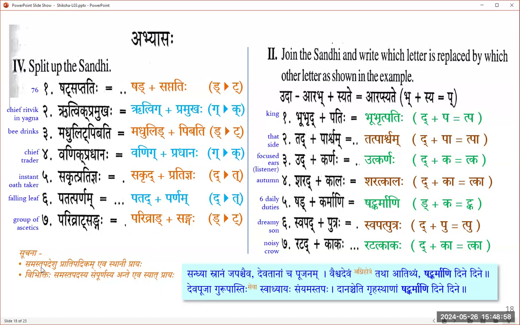Suchana. Samastapadeshu pratipadikam eva sthani prayah. So in the samastapada, pratipadikam, whatever it is, this etad, sakrid, vanig, these are all pratipadikas. The last letter of them is the sthani, perhaps. Vibhakti samastapadasya sampurnasya ante eva syat prayah. Vibhakti is usually there only at the end of the samastapada.